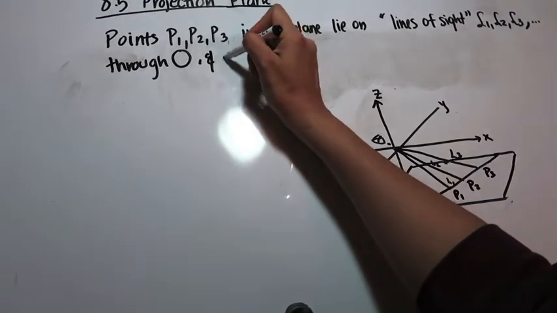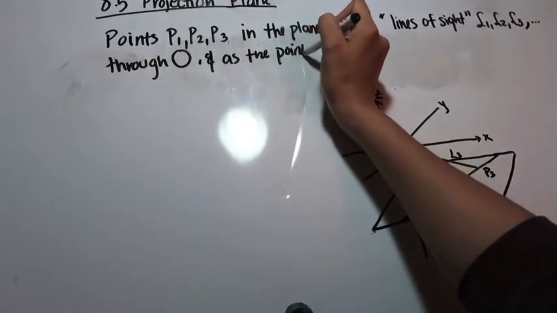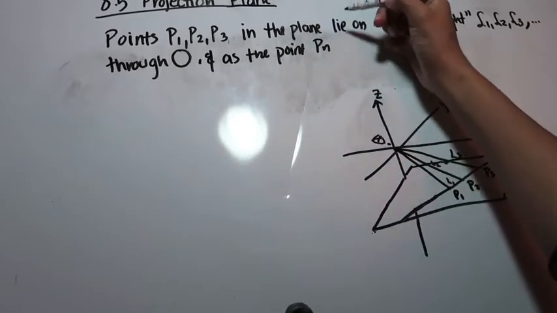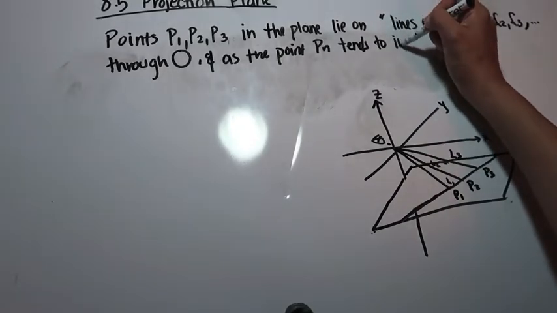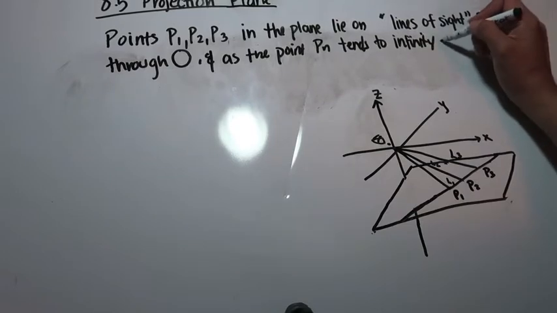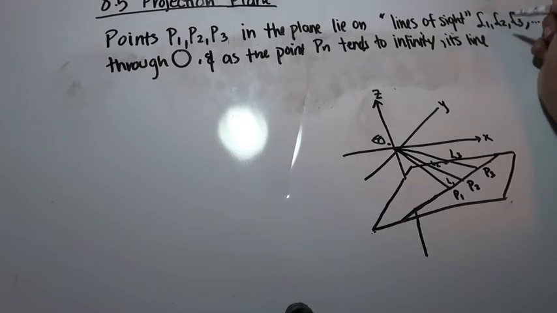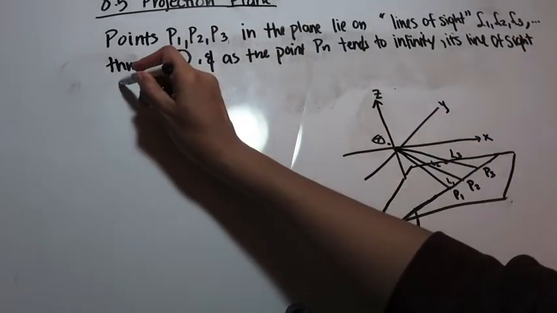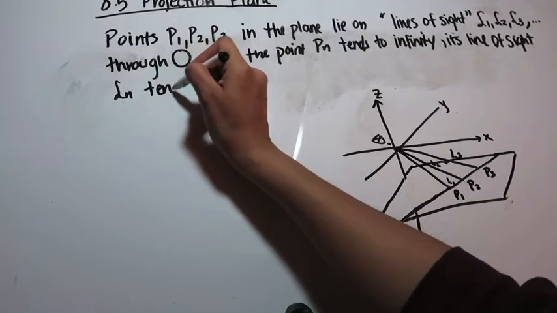And as the point P sub n tends to infinity, its line of sight Ln, L sub n, tends to horizontal.